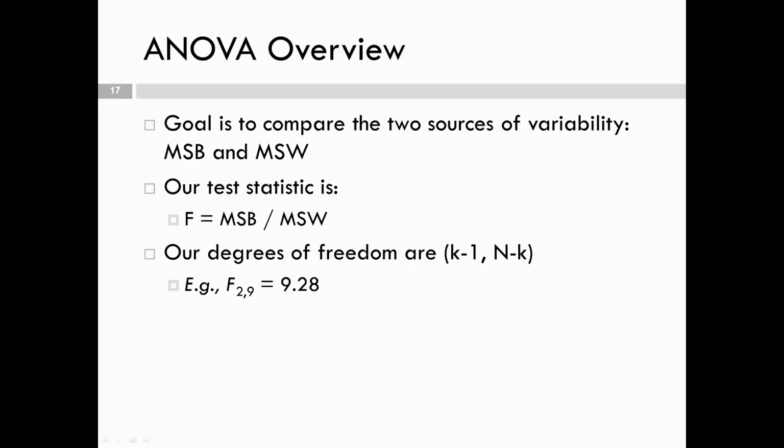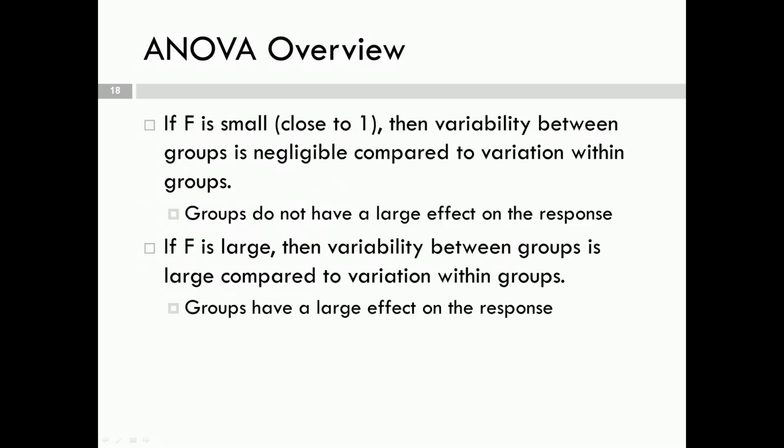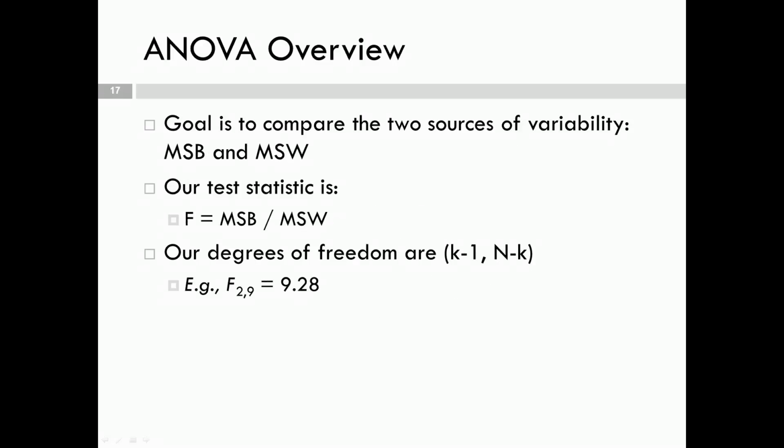Okay, so we've arrived at our F statistic, which compares our between group to our within group variation, and it can range anywhere from low values to very high values. If F is close to 1, going back to this equation, that tells us our between group variation is pretty similar to our within group variation.